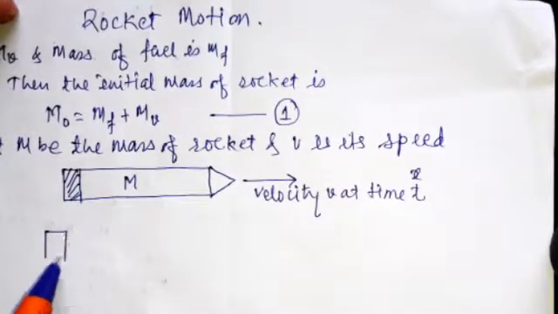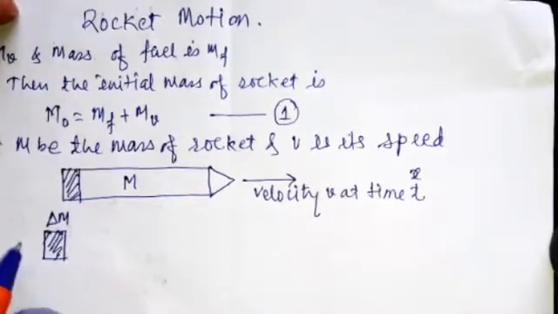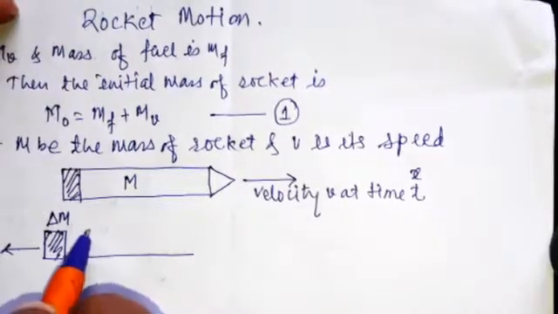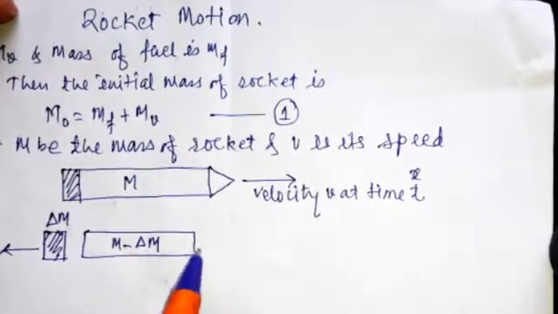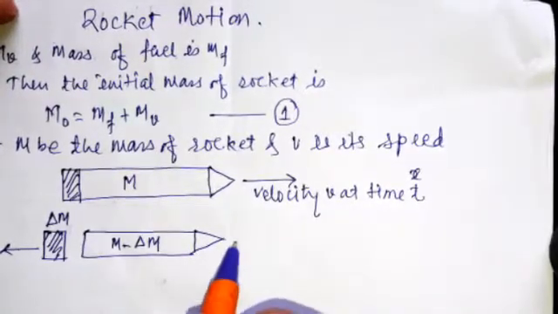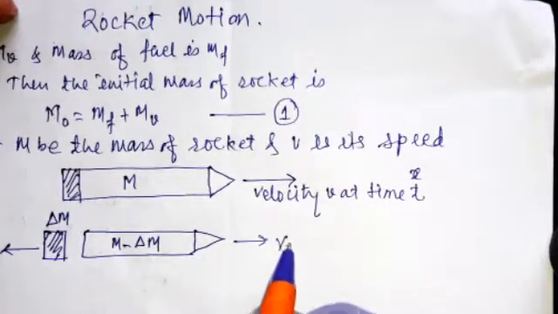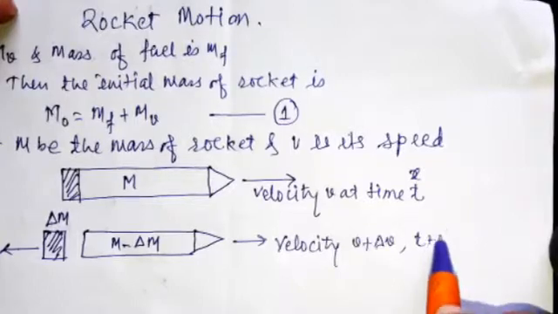Finally, when a fuel is burned whose mass is delta m, if we see from the earth, its velocity is u minus v, and the remaining rocket whose mass is m minus delta m, and the final velocity at time t plus delta t is v plus delta v after some time.